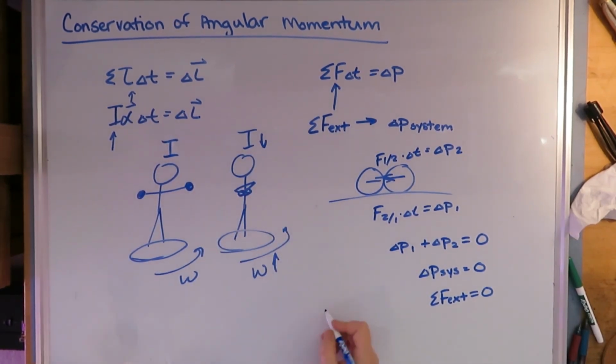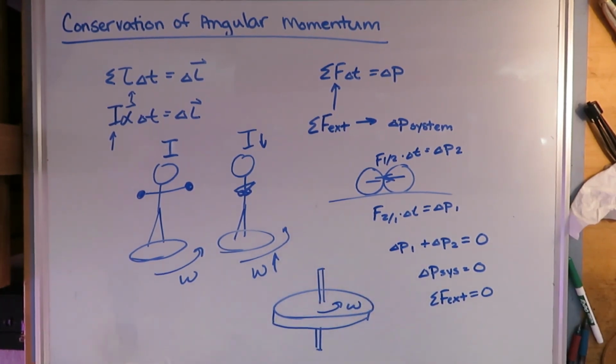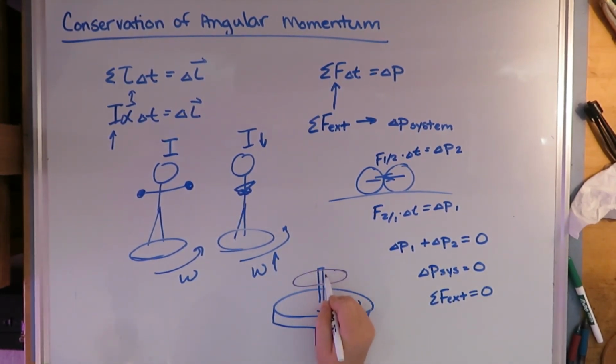Or you can have options where things are just rotating. Say I have a rotating disc here on some sort of axle, rotating with some omega. And then I'm going to have a collision. I'm going to put another disc onto that same axle, maybe at rest.